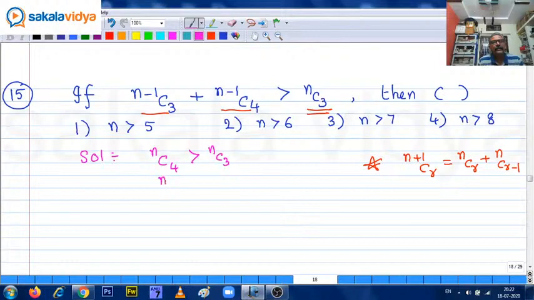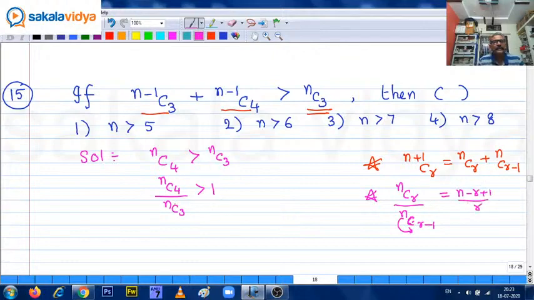This we can write n C4 upon n C3 is greater than 1. And we have one more interesting factor: n C r by n C r minus 1 equals n minus of r minus 1 upon r.